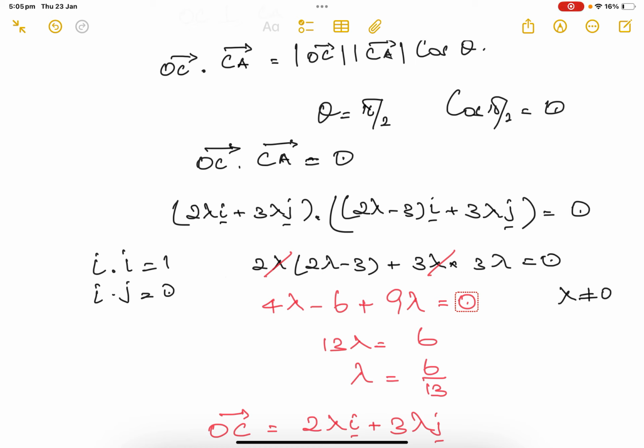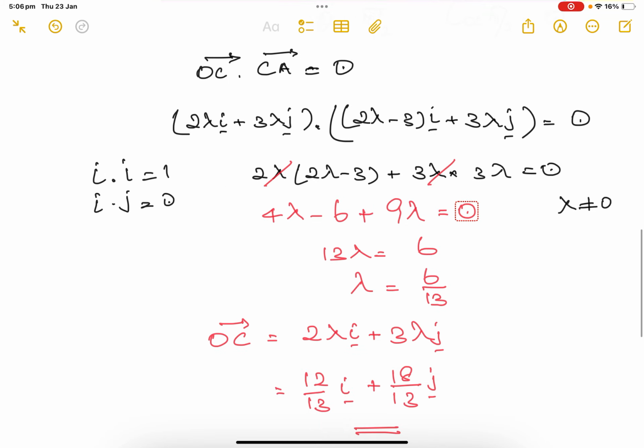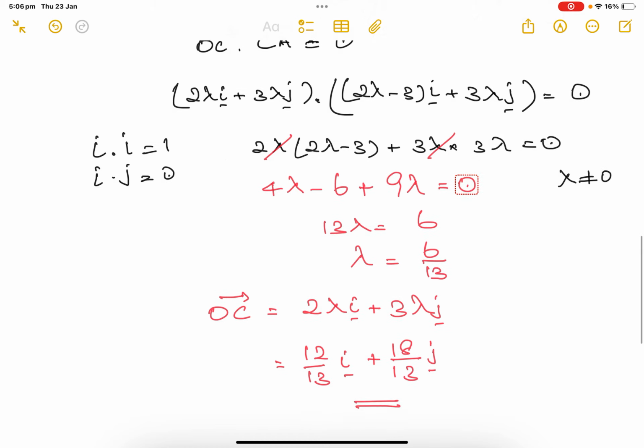Removing the brackets, 2 times 2 lambda is 4 lambda, minus 2 times 3 is 6, plus 3 times 3 lambda is 9 lambda, equals 0. From that, 4 plus 9 is 13 lambda, minus 6, taking it to the other side is plus 6, therefore lambda equals 6 over 13.